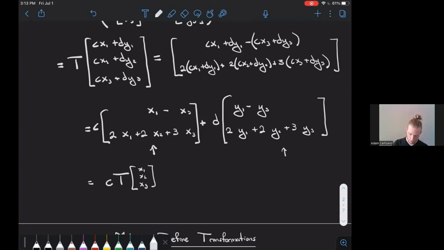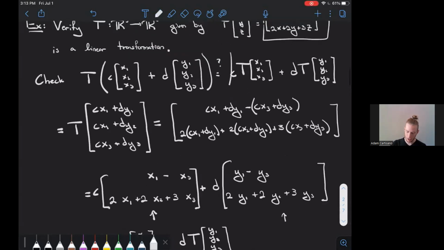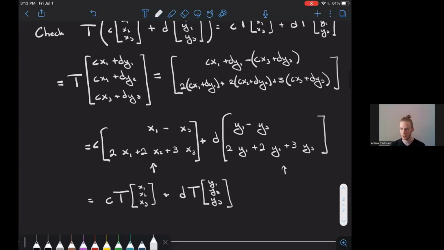If you don't believe me, go and use the definition of T to verify yourself that these two are equal. Okay, and d T of y1, y2, y3. But that's exactly what we wanted. That was the condition for T being a linear transformation, and it is.